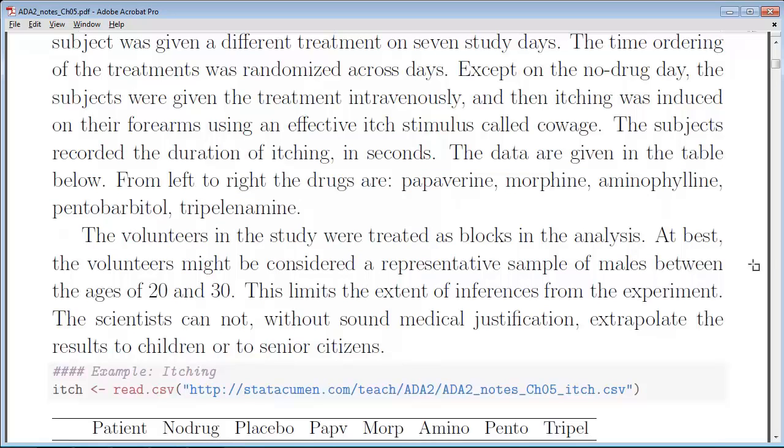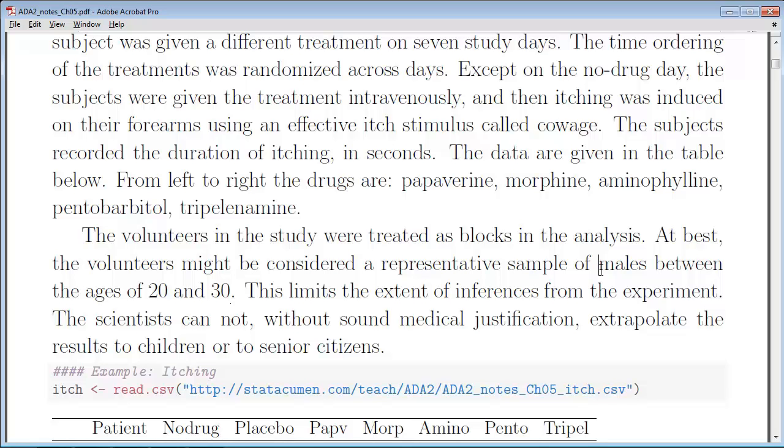All right, so what population can this inference be made to? As I trip over my words, males between ages 20 and 30. That's the group of people we sampled. And if it happens to be college students, it's maybe not even all males.